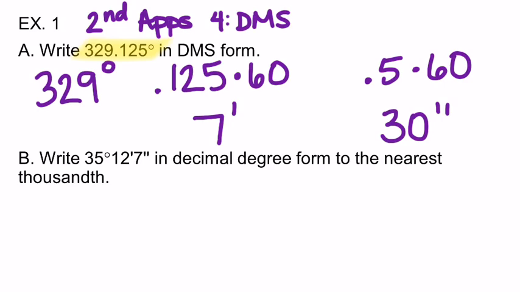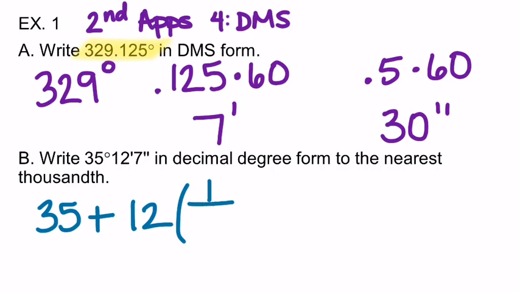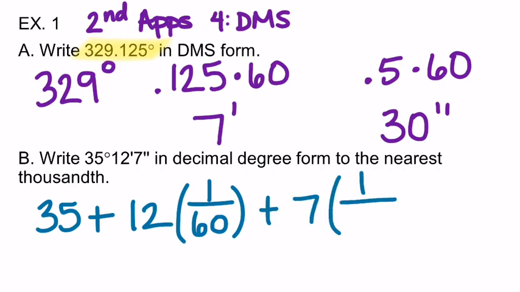So for part B, we're actually going to have to do the math here. So I'm going to take 35 degrees plus, I'm going to take my 12 minutes and multiply that times 1 over 60, plus my 7 seconds and multiply times 1 over 60 squared.